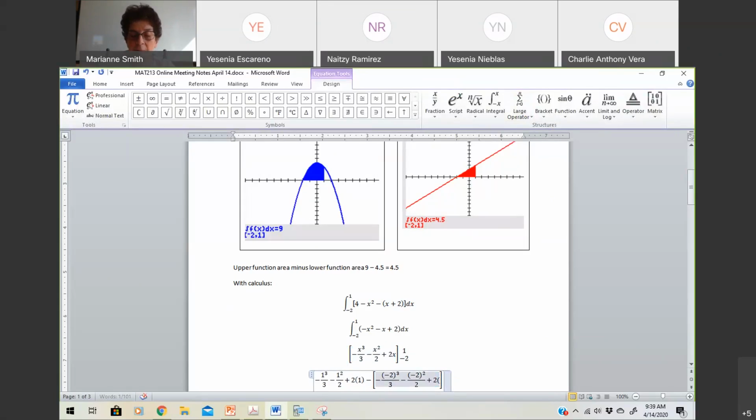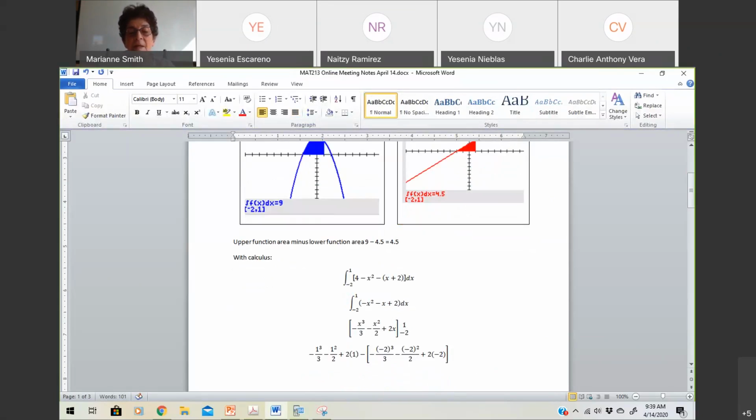And then we're just going to take a look at what comes out of this. Again, I'm helping myself with my calculator here.